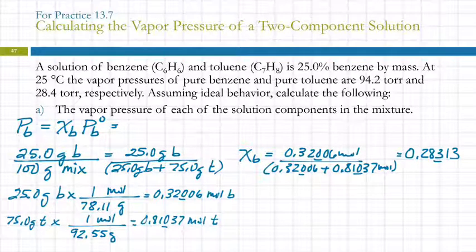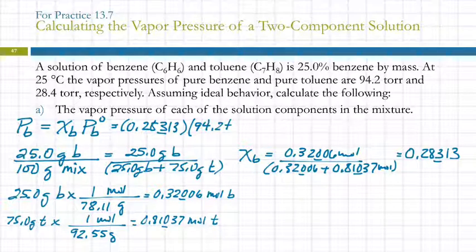So the mole fraction of benzene is 0.28313, and I'm going to multiply that by the vapor pressure of pure benzene, which is given as 94.2 torr.